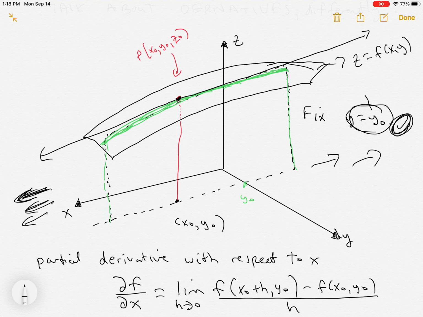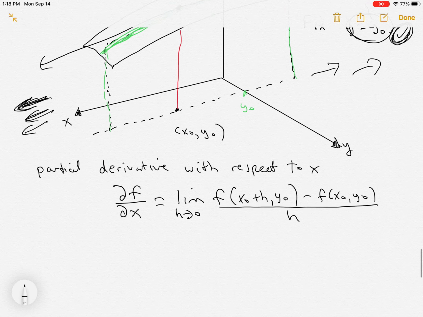So the only thing moving here is x. And so we have our first partial derivative. And it's actually a pretty good picture there. With this, we can find the equation of the tangent line at this point. But I'm not going to do that because I just want to talk about the derivative.